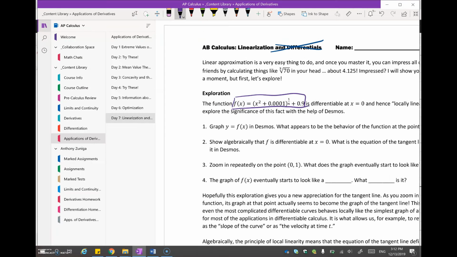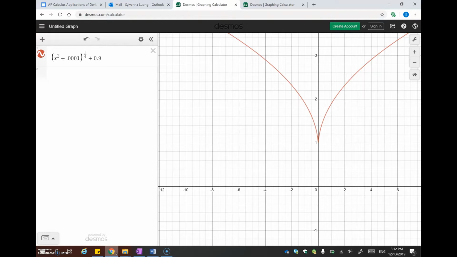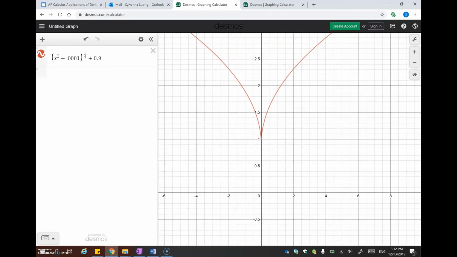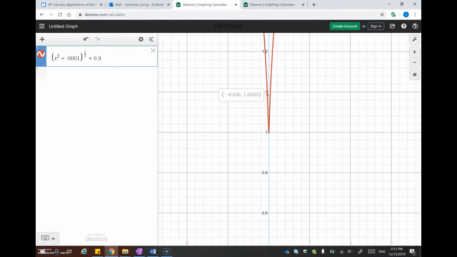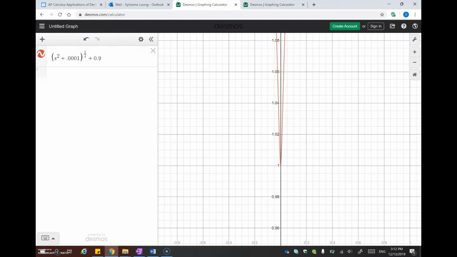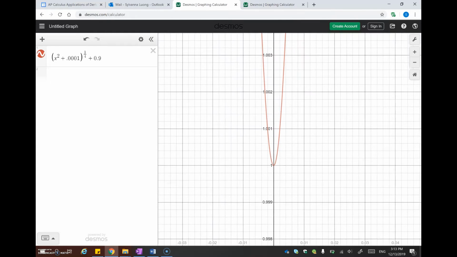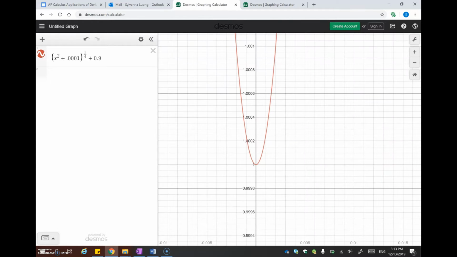So I'm going to pop up Desmos here, and I already have this function f shown. If you take a look at this picture, it looks like there's a cusp. But if you keep zooming in on the point (0, 1), eventually you're going to see that it doesn't look like a cusp at all.